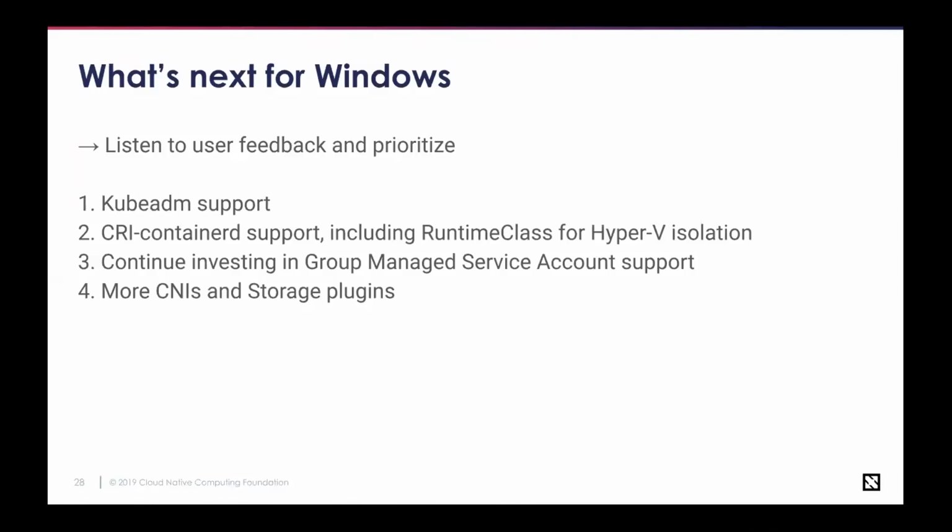We're also advancing our support for CRI Containerd, which will also include the runtime class implementation for Hyper-V isolation. Hyper-V isolation is going to open up the types of containers that you can run in Windows Server, including the ability to run older versions of the operating system in containers on top of Windows Server 2019.